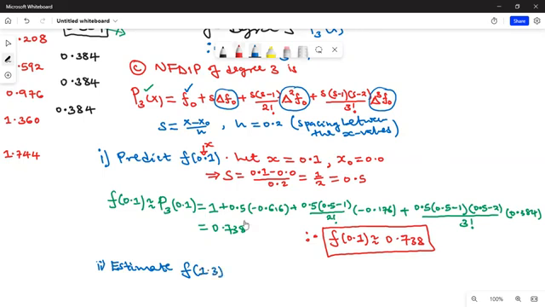So in this case, our x is 1.3. x naught should be a value that is just above 1.3. So let x be equal to 1.3.